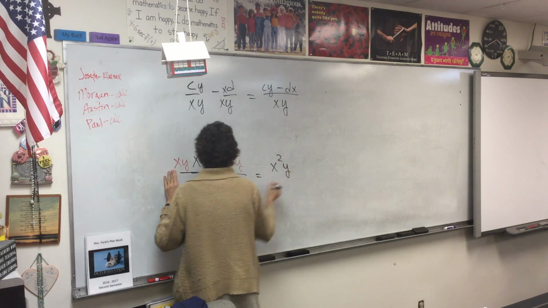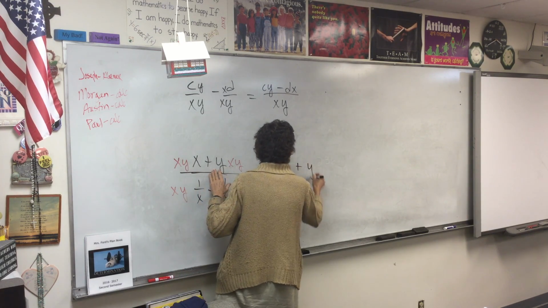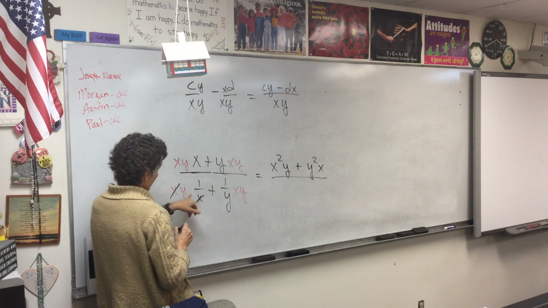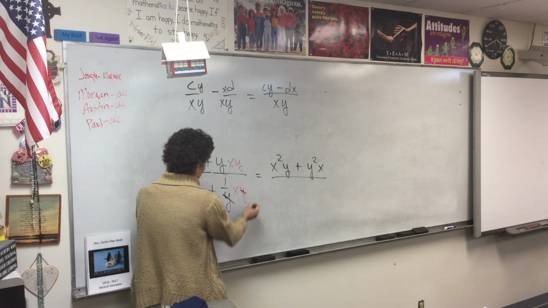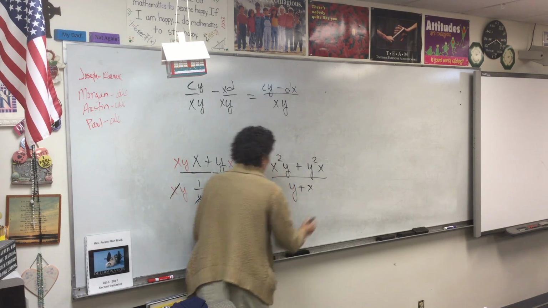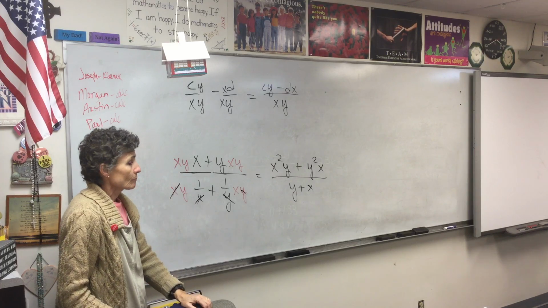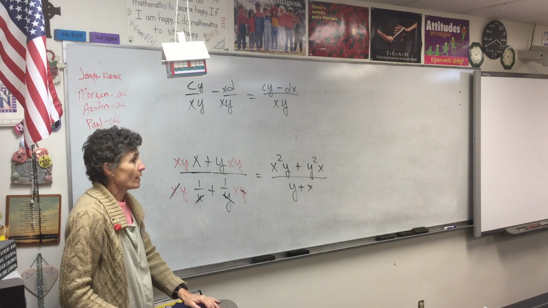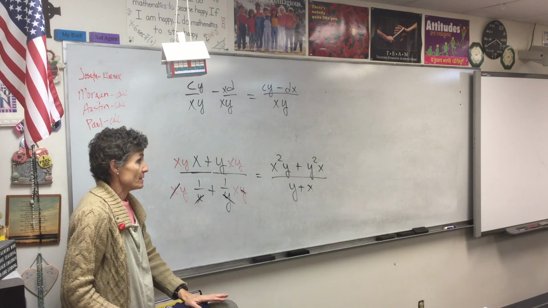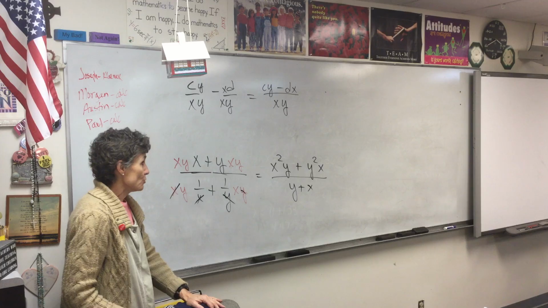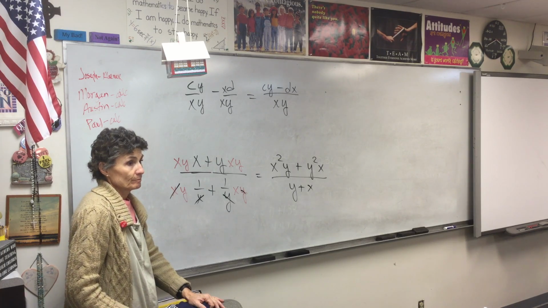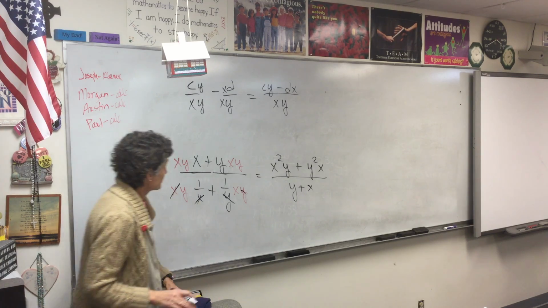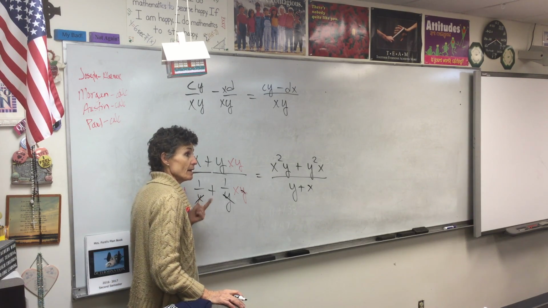x squared y plus y squared x over 2 over y plus x. Now usually, not always, but usually at this point, there's some simplifying that can be done. So look at the numerator. Is there anything at all I could do with the numerator? Take out a y. I could take out a y and an x.